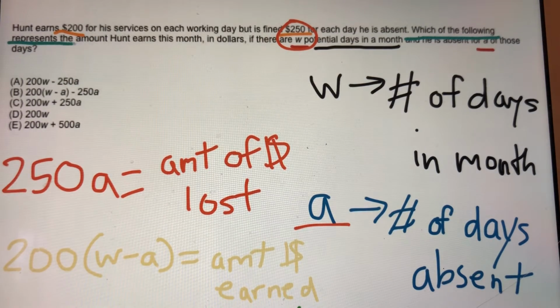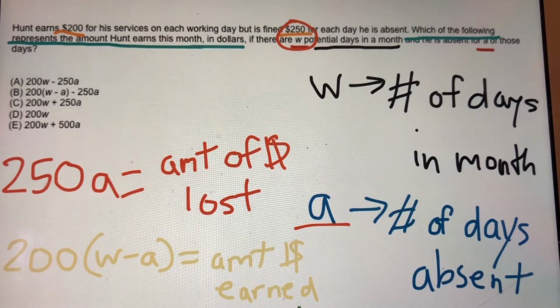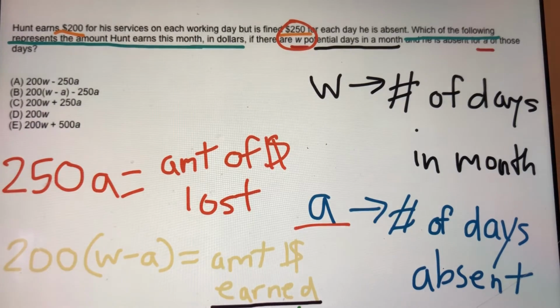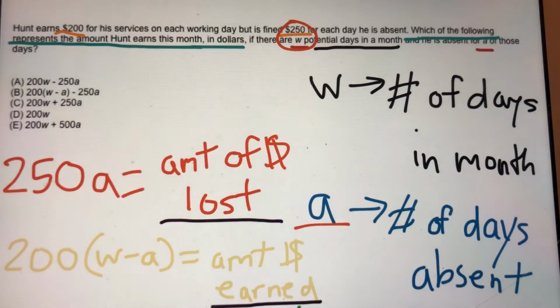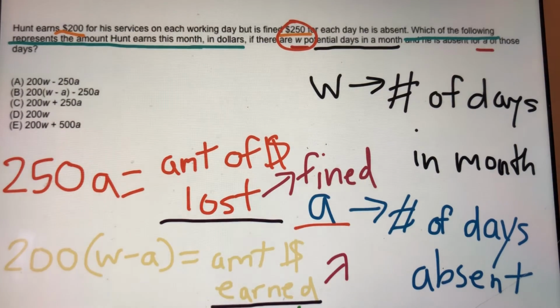So we have two quantities: the amount of money earned and the amount of money lost, or fined. If we redefine, lost is essentially fined, and earned is essentially earned.